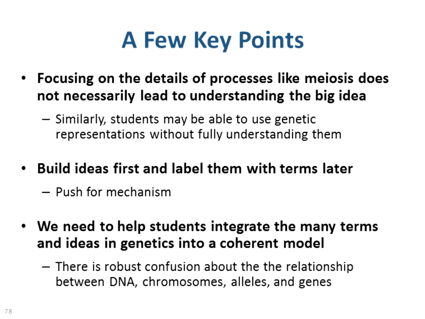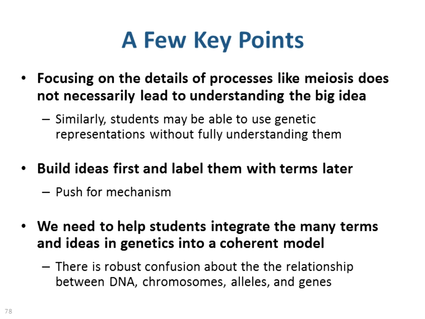So a few key points about the classical genetics bit. Focusing on details of processes like meiosis does not necessarily lead to understanding the big idea. Just like focusing on the central dogma details and the A site and the P site and tRNA and mRNA and RNA does not actually lead them to understand what proteins do and why they're important.